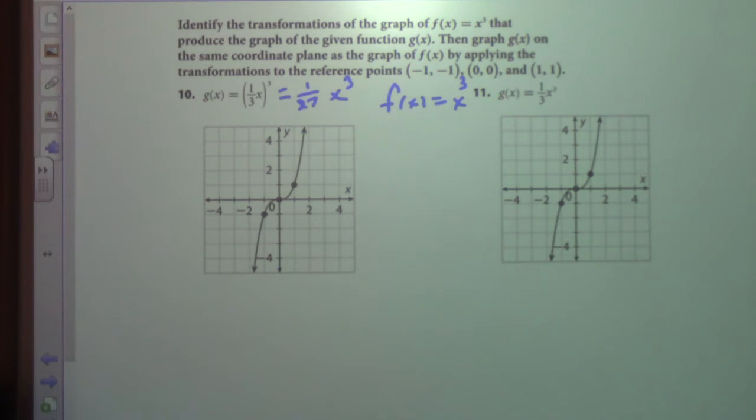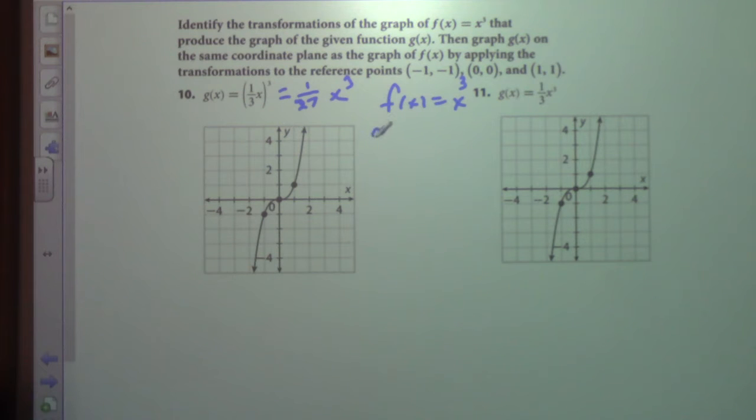Well, yeah, let me write it down. So we would say, this is how we would say it. By a factor of 1/27. Thank you for that addition. Was that you, Madeline? That was Carly? Very good. I like that.